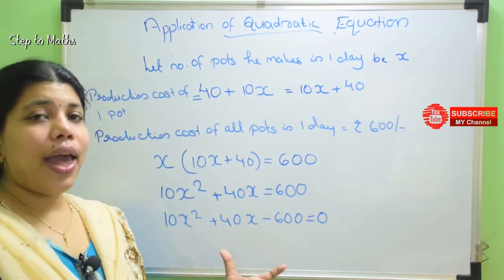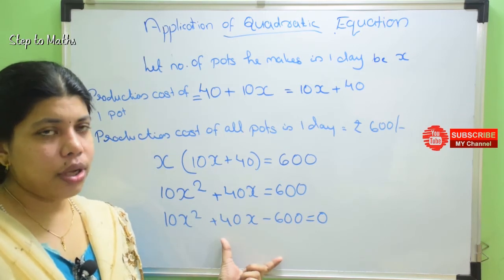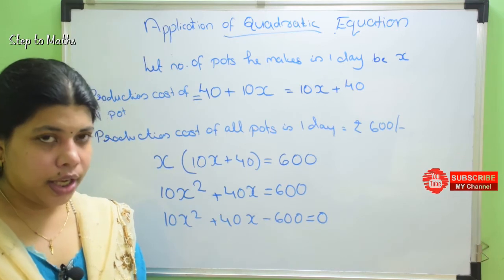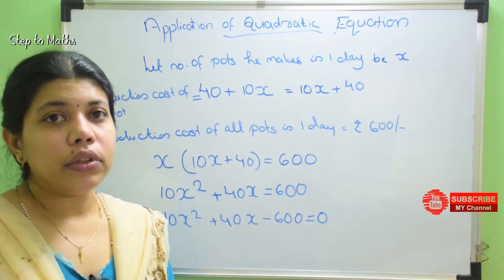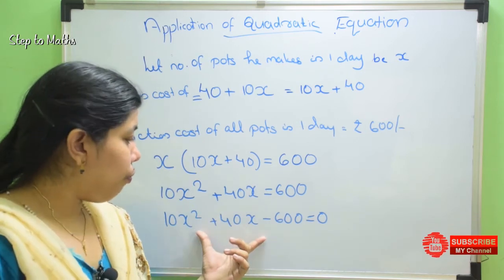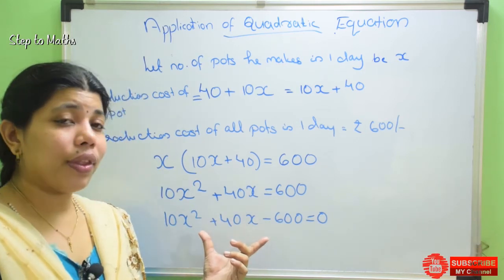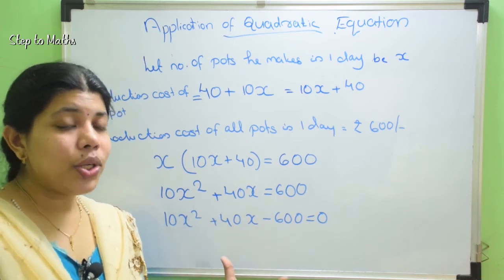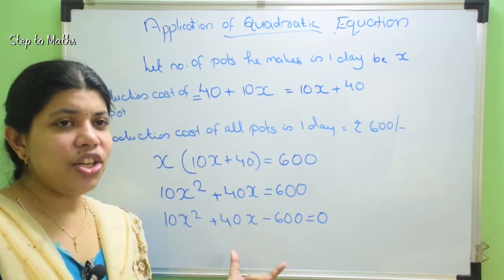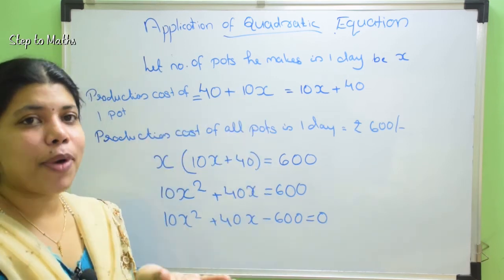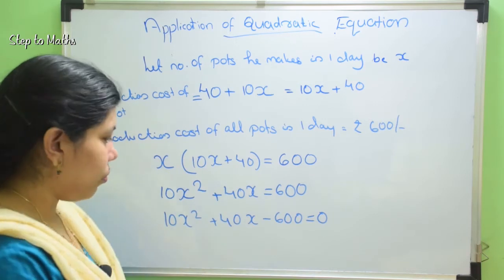Now we get a quadratic equation according to the given conditions. When we solve this type of problems, we focus to form the quadratic equation. The quadratic equation is right, then we finish half part of our problem.